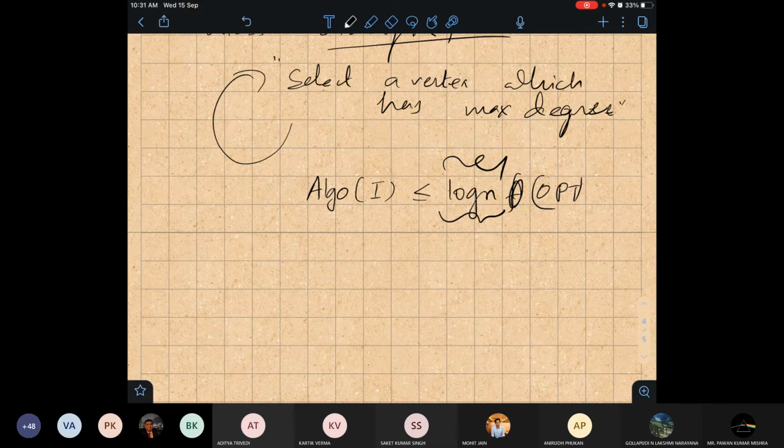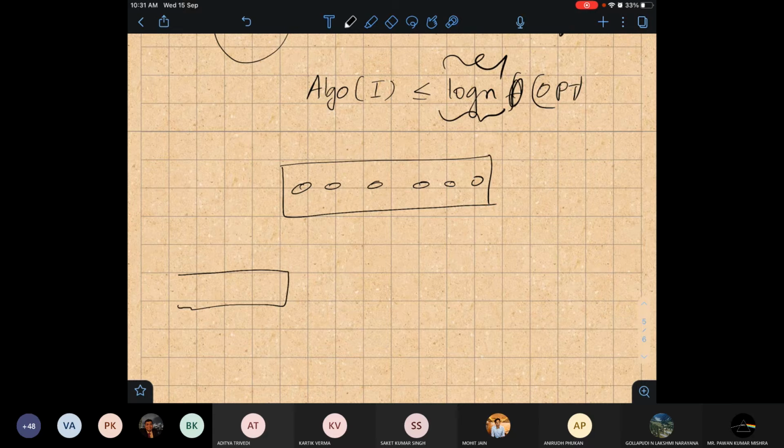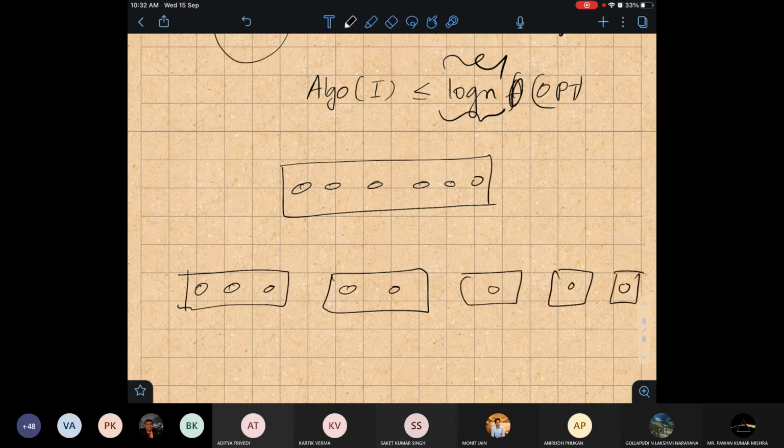I can construct an example here. Suppose I take 6 nodes, 1, 2, 3, 4, 5, 6. Now let me draw the graph.